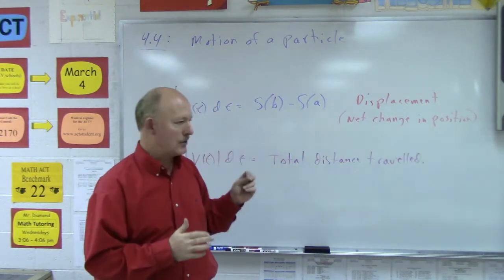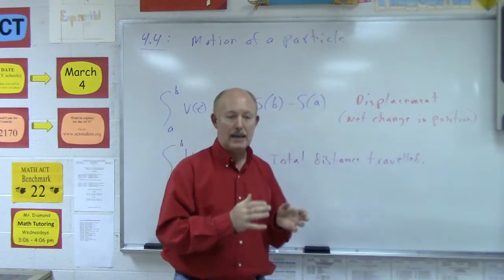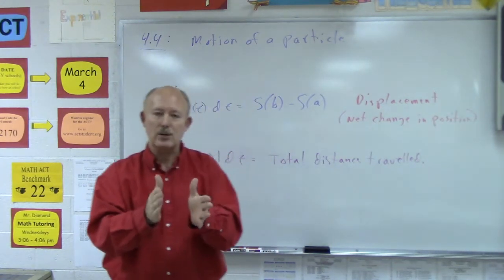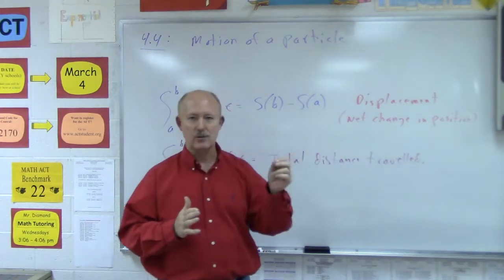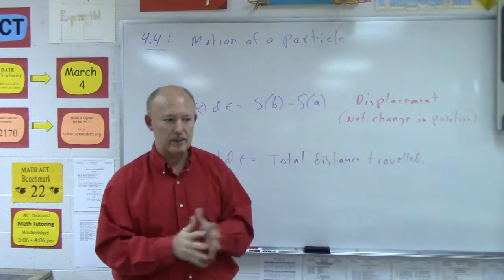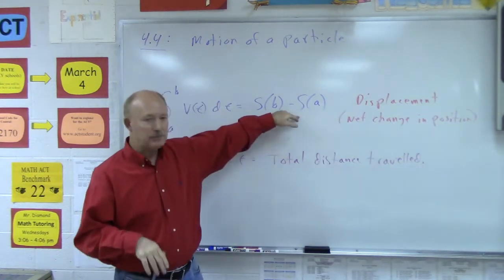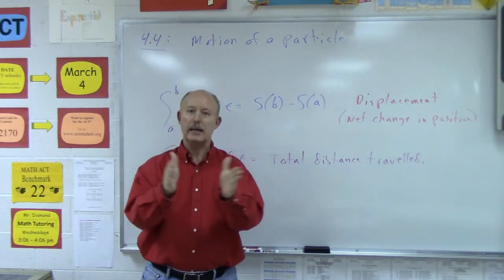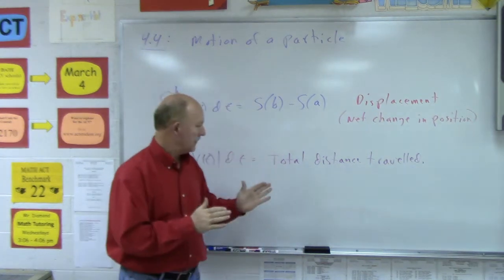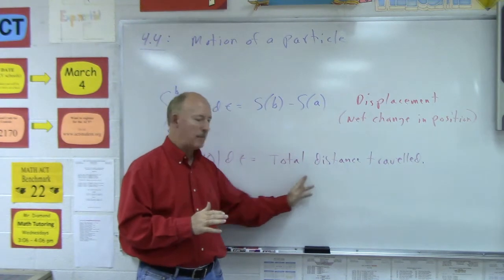The particle may travel to the left and to the right, and its final position may not be very far from where it started. A particle may change direction a couple of times over a time interval, so the displacement may not be very big.